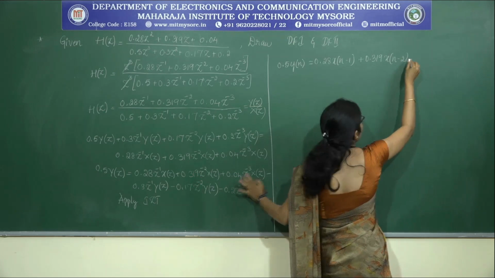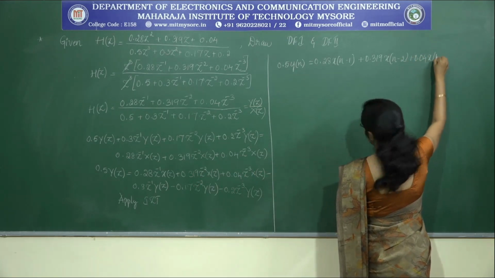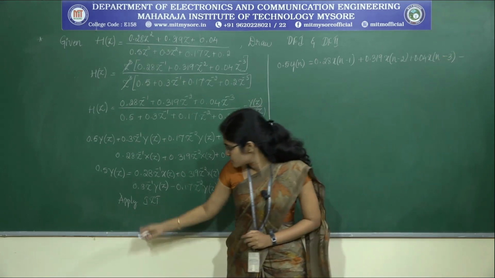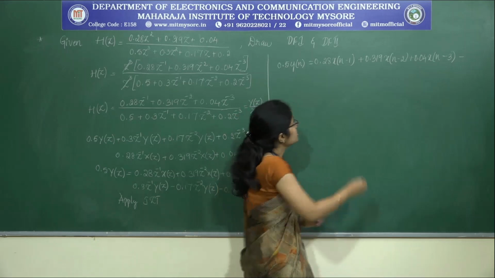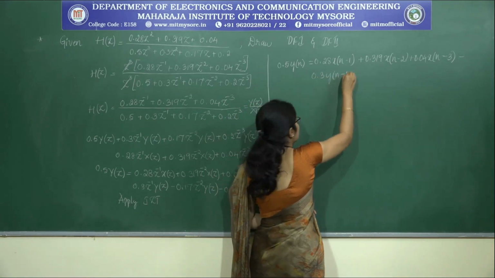The third term is plus 0.04 into x of n minus 3 minus. So what is the next term? It is nothing but this one, that is 0.3 into y of n minus 1.